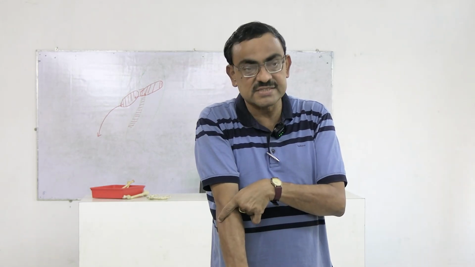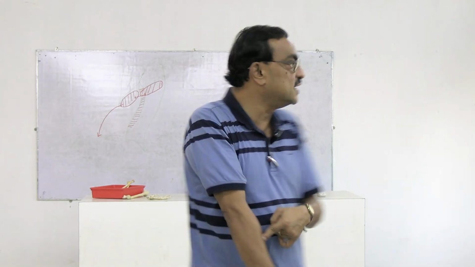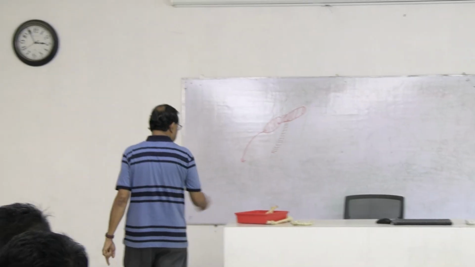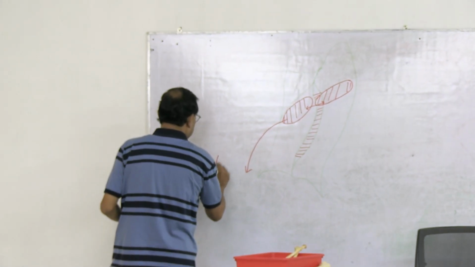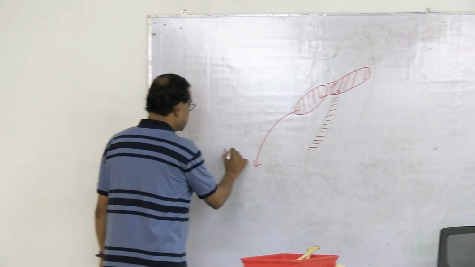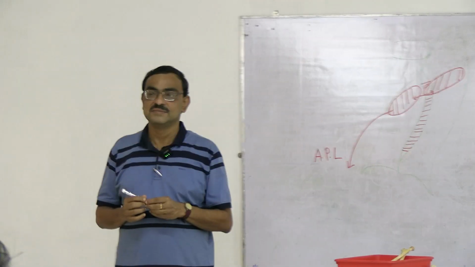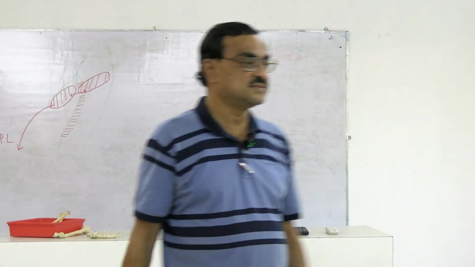That muscle is taking origin both from the ulna and from the radius, and it goes down. So name of the muscle should be abductor pollicis longus, APL, abductor pollicis longus.